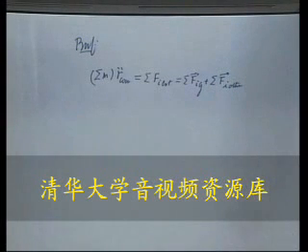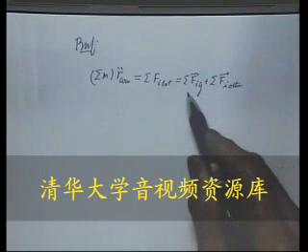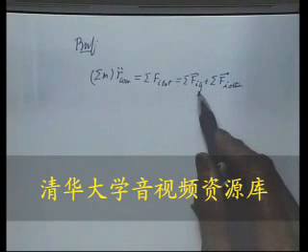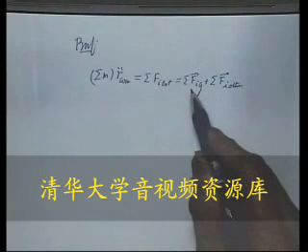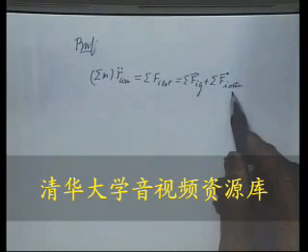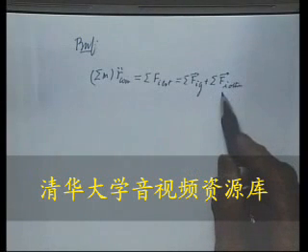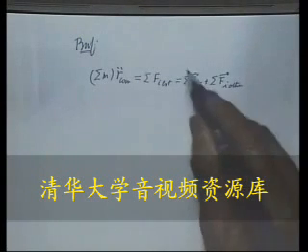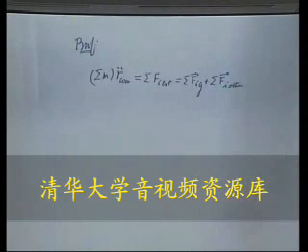The total external force consists of two kinds, gravitational force and non-gravitational force. So I separate and write this. This is the gravitational force on the ith particle. This is all the other forces on the ith particle. So I separate the gravitational force from the non-gravitational force.